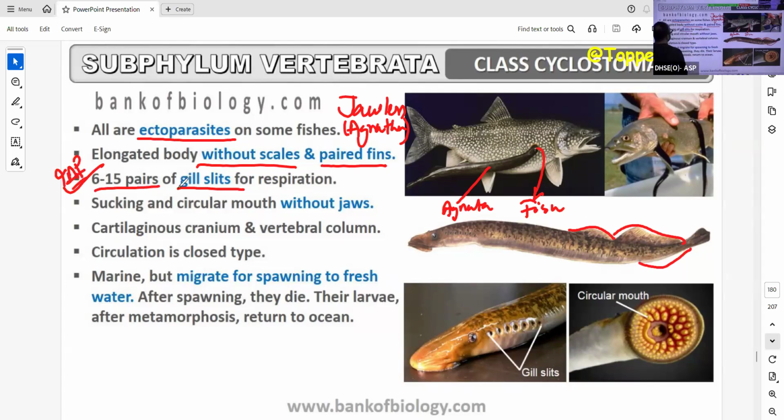Pairs of gill slits are present for respiration. ठीक है? 6 to 15, ये जो दिख रहा है आपको, these structures which you see here are the pharyngeal gill slits. ठीक है?